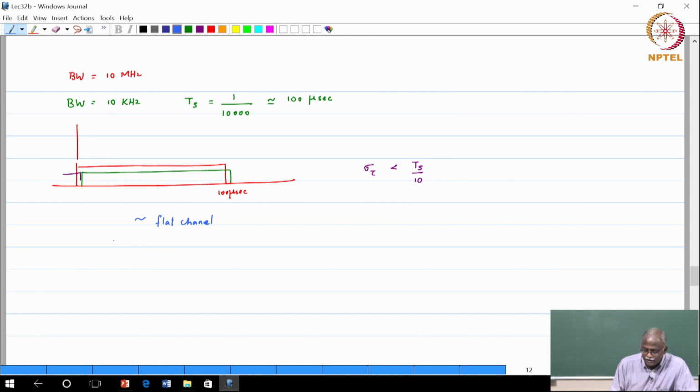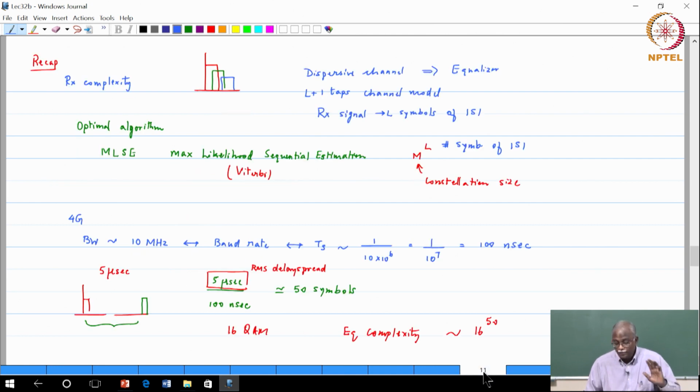So the goal is to choose your number of subchannels N such that you get 10 times 10 to the power 6 divided by 10 to the power 4, which basically means roughly of the order of 1000. You divide your bandwidth into 1000 subchannels, then all of a sudden your time dispersion becomes a non-issue and your ability to achieve capacity becomes possible.